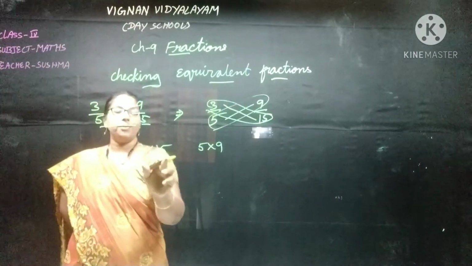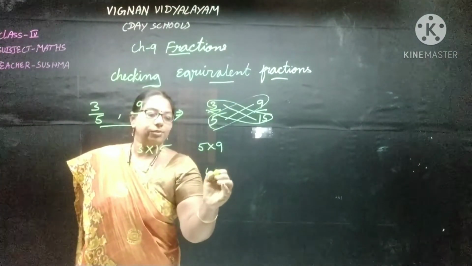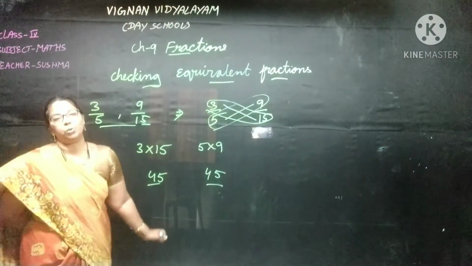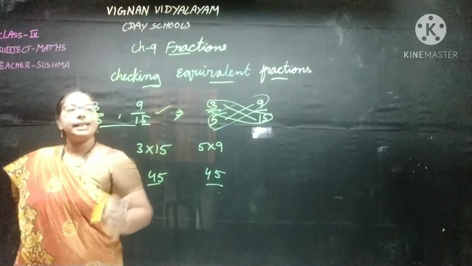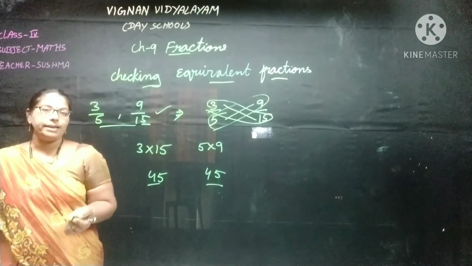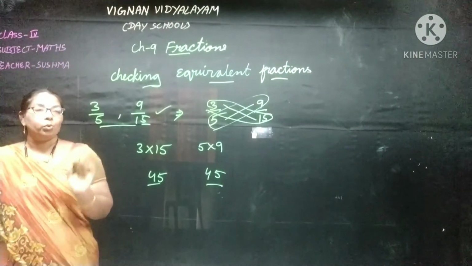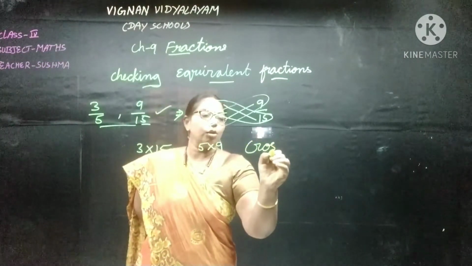Now check, 3 15s are 45. 9 5s are 45. So here both are same. When we multiply these both, we got the same answer. So these two are equivalent fractions. To check equivalent fractions, what we have to do? We have to do cross multiplication.